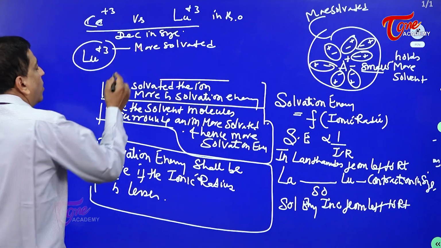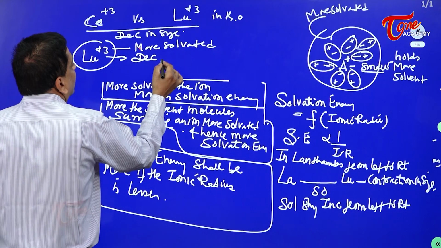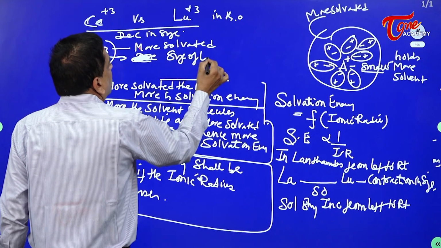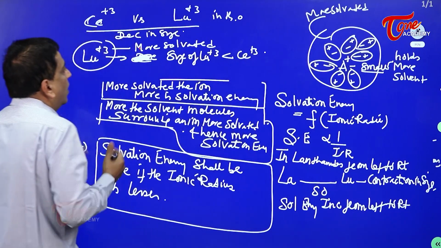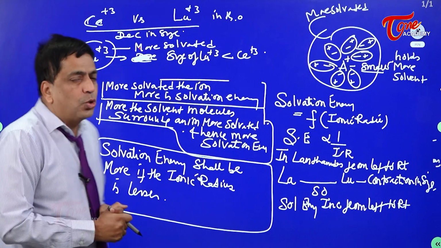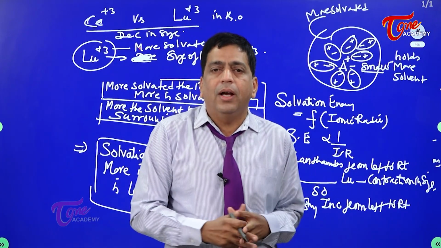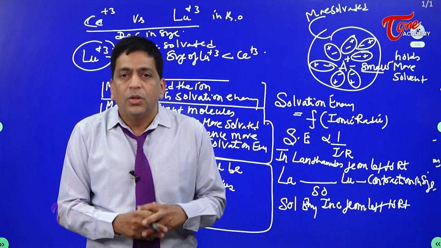So I can simply say the size of lutetium plus 3 is smaller than cerium plus 3. So thereby it's more solvated. So the energy released in case of lutetium plus 3 would be on the higher side. You must understand that, right?